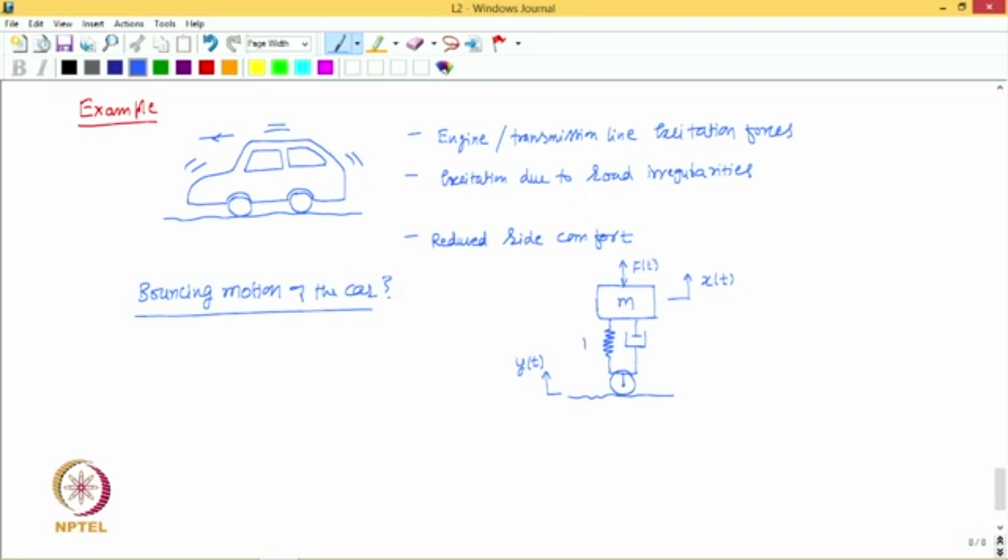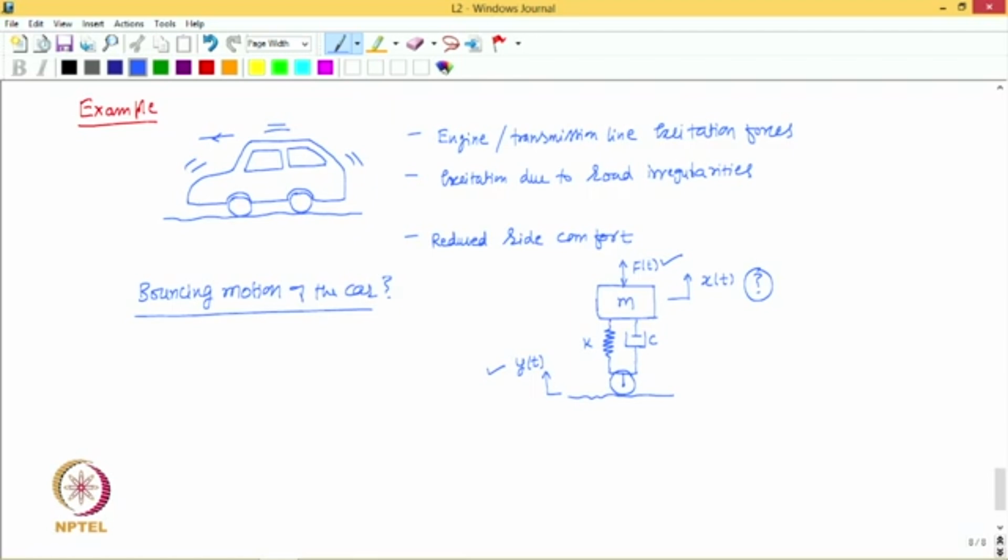So therefore this now gives us a physical equivalent model of the car on the rough road, where we have represented the mass, stiffness and damping characteristics of the car, and then we can further analyze this model to determine what x is, if y of t is given and if f of t is given. So it should be possible for us to determine that.